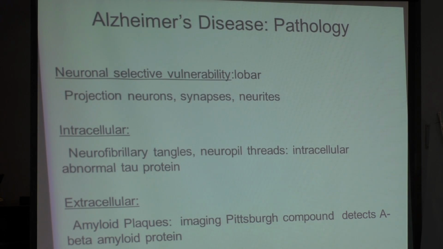There's one called the Pittsburgh compound, in which these abnormal protein aggregates can be detected by a compound that binds specifically to these abnormal aggregates of protein, and that's one way that people make a diagnosis when they're present. But that happens pretty far along the course of the disease.